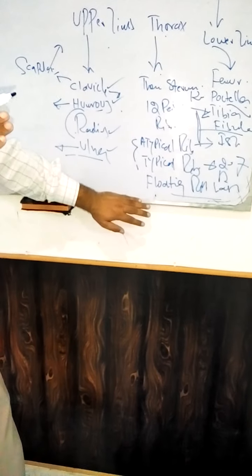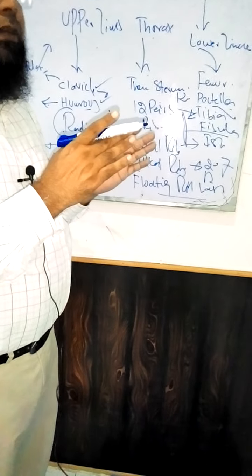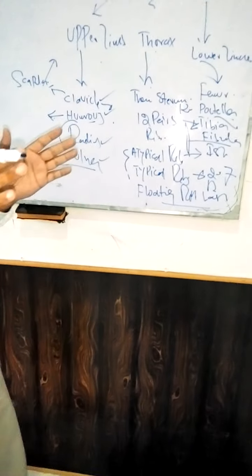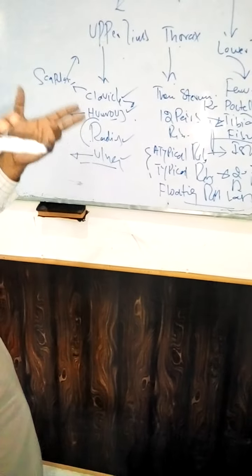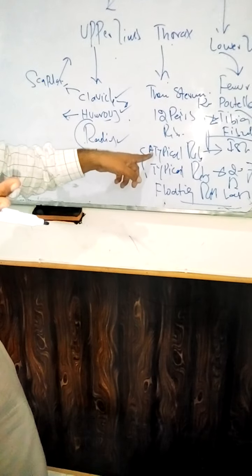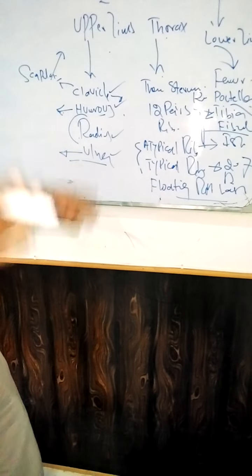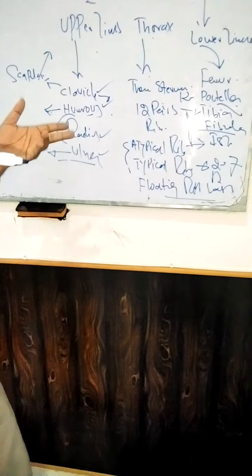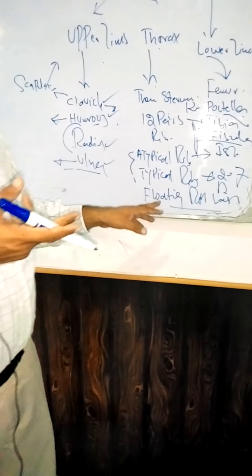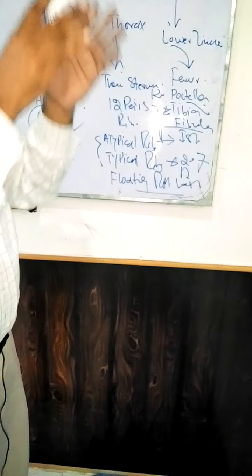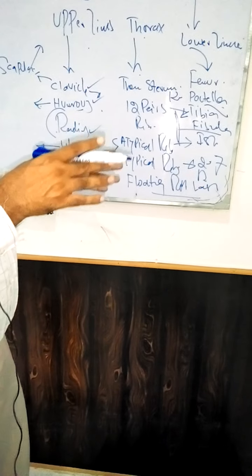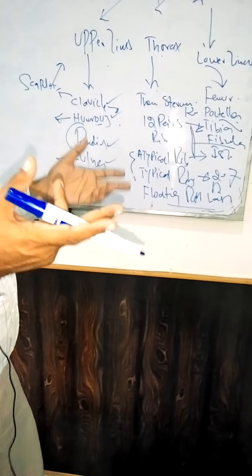The typical ribs are the same size and look the same, that's why we call them typical ribs. The ribs which are totally different from the others are called atypical ribs, like the first rib. The last 2 ribs are free in the body, that's why we call them floating ribs.